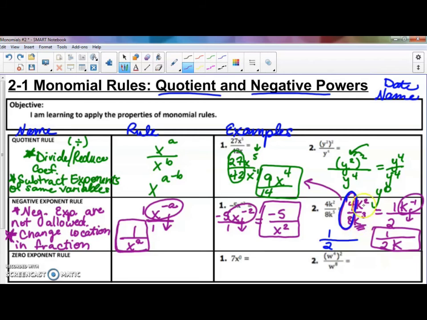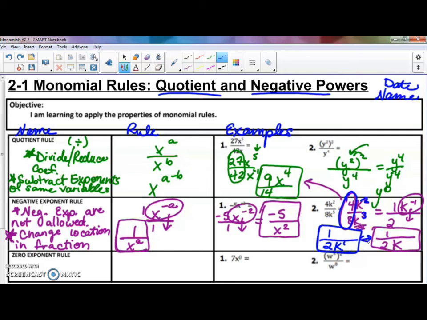If you subtract bottom from top, you end up with the same answer. So k goes on the bottom with the bigger exponent, do 3 minus 2, you still get 1. And if you look, these two answers are the same. 1 over 2k, 1 over 2k.